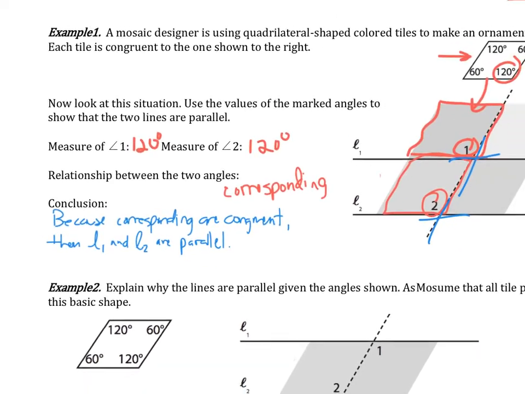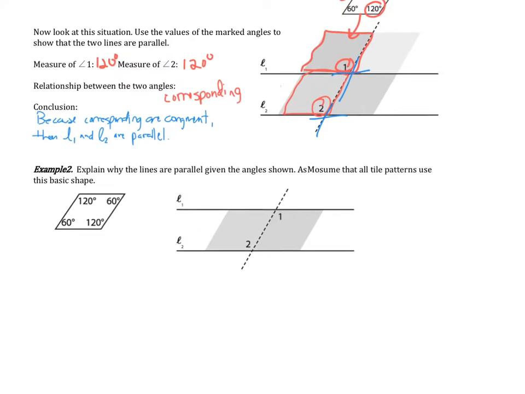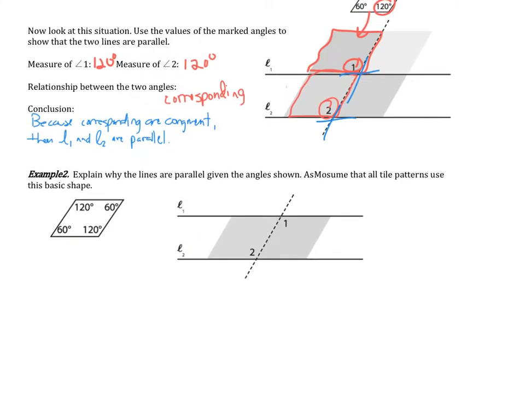It's again using that idea of: I don't know that they're parallel, but if I can see those relationships, and if those relationships are true, in this case the corresponding angles being congruent, then we can say the lines are parallel.